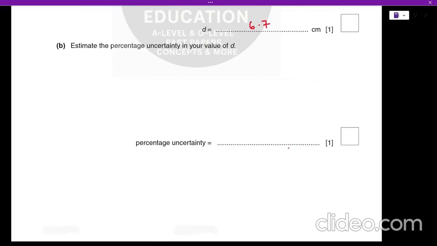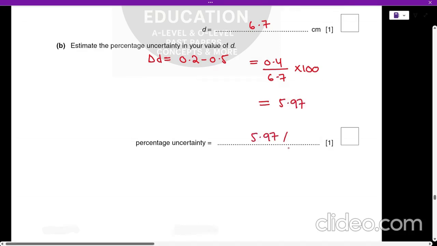I already told you that the absolute uncertainty in the ruler is from 0.2 to 0.5, where 0.4 or 0.3 can be the safest values. So we are going to take 0.4 divided by 6.7 times 100. It comes out as 5.97%. So this is our percentage uncertainty.